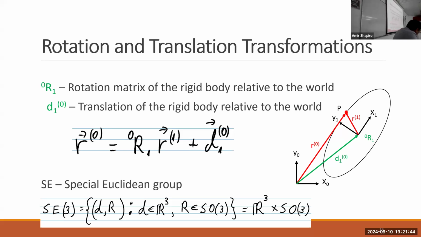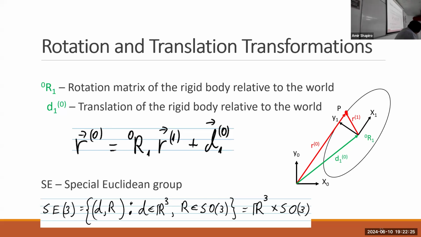Now, if I want to do both rotation and translation, I have a point here. I have a vector in the frame of the rigid body. So in order to express the location of this point, I need to add this vector D with the vector R, but they have to be in the same reference frame.